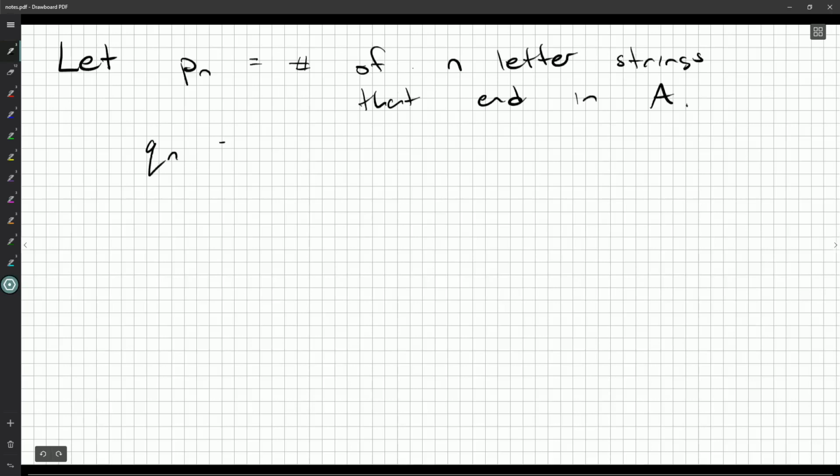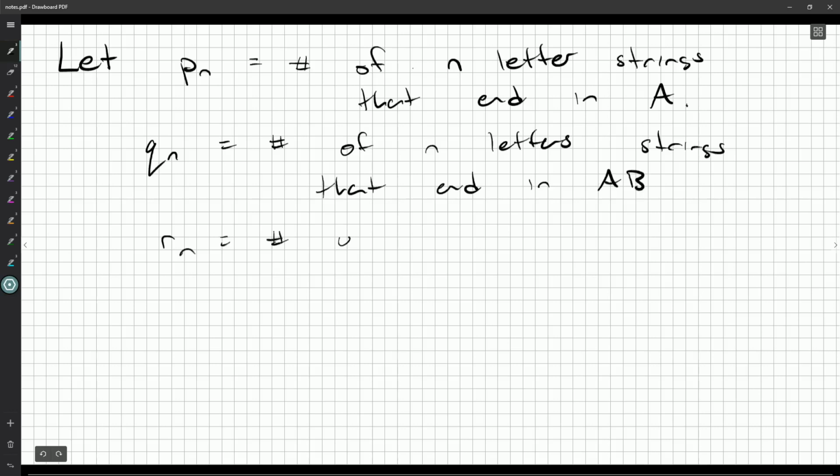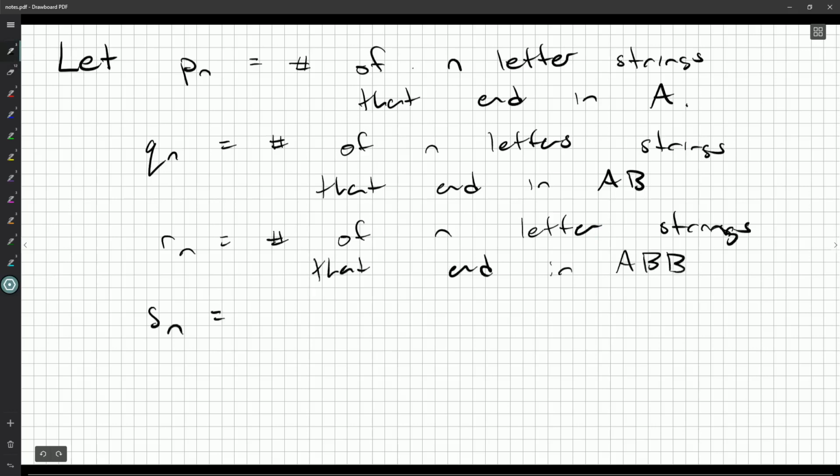I'm going to let QN be the number of, again, N letter strings that end in AB. RN is going to be the number of N letter strings that end in ABB. Okay, so we're slowly building it up, and I'm just going to let SN be the others.